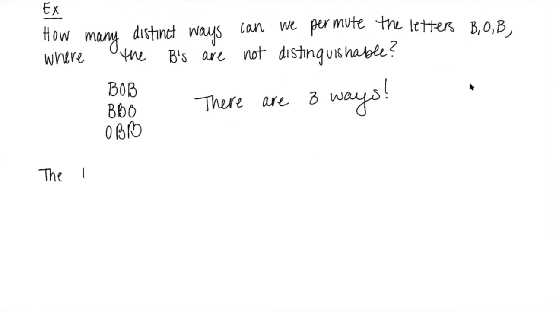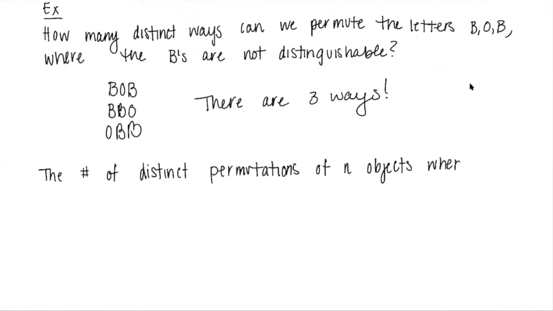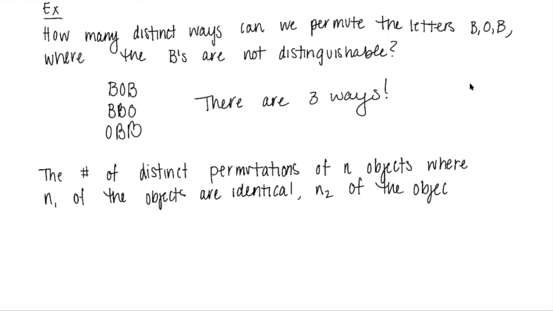The number of distinct permutations of n objects where n1 of the objects are identical and n2 of the objects are identical, and then you keep going.